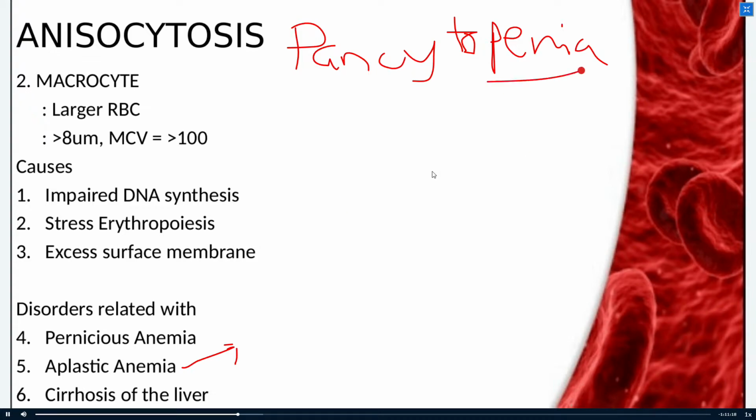So we have the word penia, we have the word pan, and we have the word cyto. No, it's not huge cells. So this would be cell. What does penia mean? Low or decrease. And what does the word pan mean?